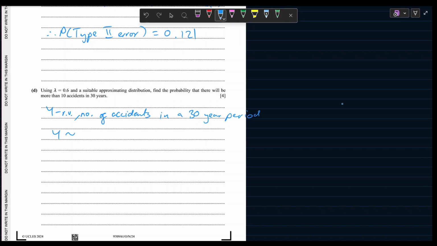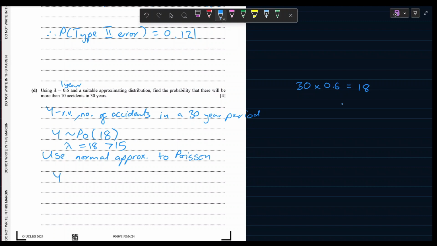So y follows a Poisson distribution with lambda being, for 1 year, we expect lambda to be 0.6. So for 30 years, it's going to be times 30. So 30 times 0.6, that gives us 18. So lambda is 18. And since lambda is equal to 18, which is greater than 15, we can use a normal approximation.